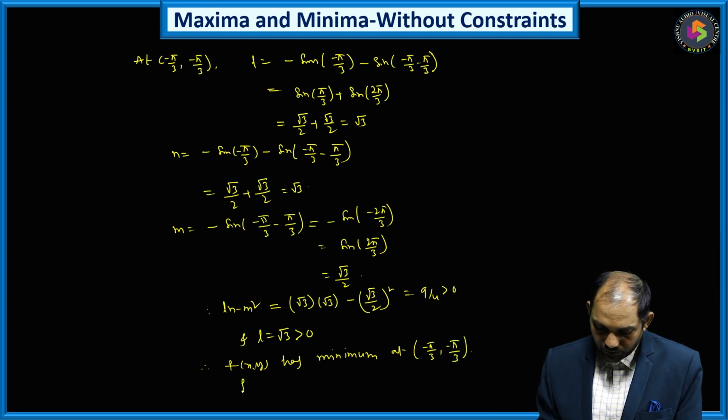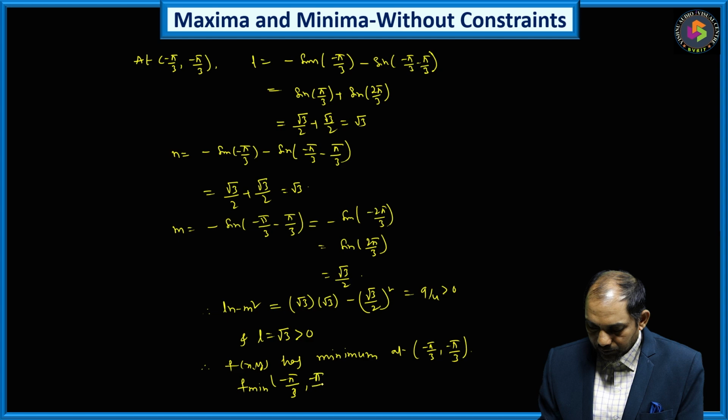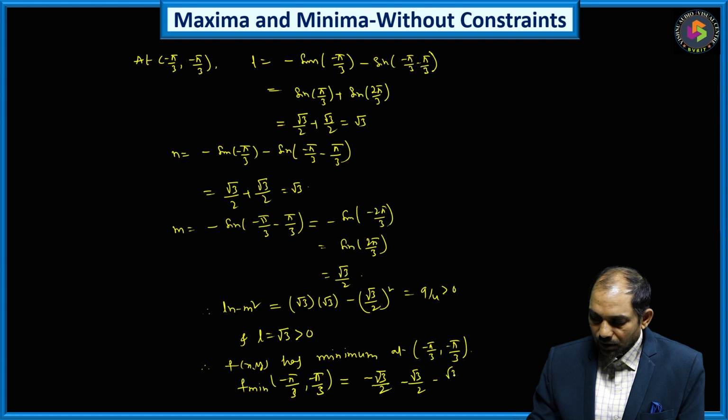And function f min value at minus pi by 3 comma minus pi by 3 is equal to, we are going to have sin x plus sin y plus sin of x plus y. Sin minus pi by 3 is minus root 3 by 2, and minus root 3 by 2, and minus root 3 by 2. It is minus 3 root 3 by 2. This is your f min value.